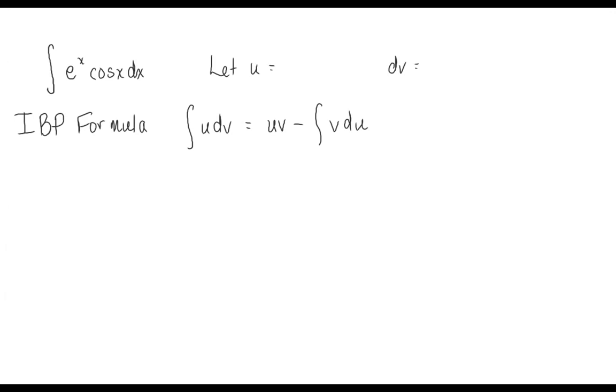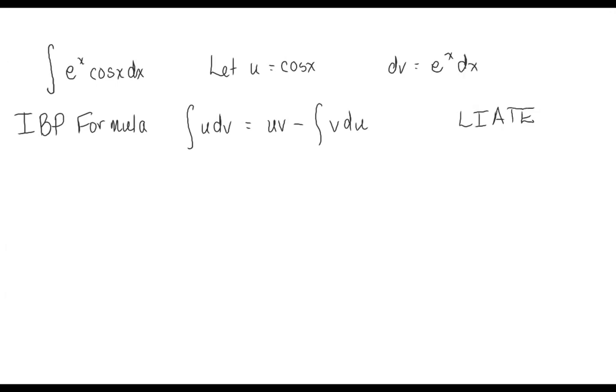So we kind of have two choices here. And if we use that rule of thumb mnemonic phrase that I gave you, LIATE, as we move from left to right, trig functions come first for choice of u. So I'm going to go ahead and go with that. I'm going to let u equal cosine x and let dv equal everything else, so e to the x dx.